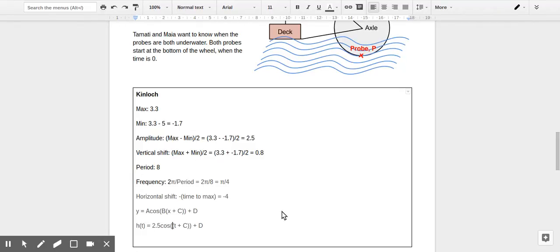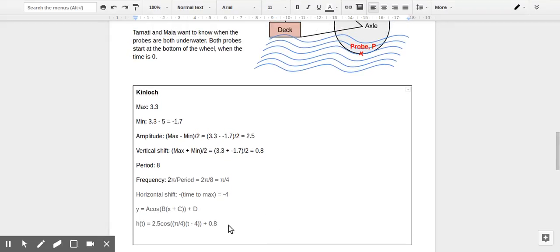Instead of our b, we have pi on 4. Instead of our c, we have negative 4. And then our vertical shift is plus 0.8. Cool. So that is our Kinloch graph.